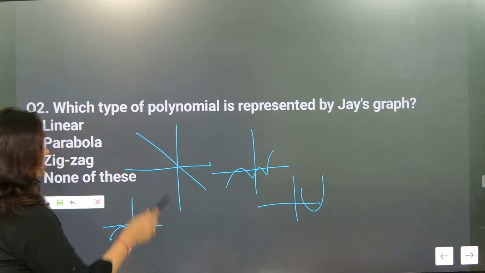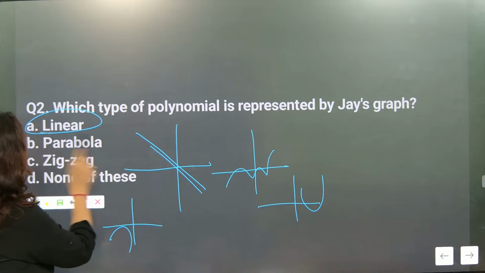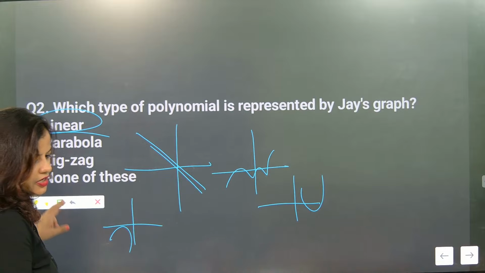So four graphs were there, but Jay's graph was linear. So what is the answer? Linear graph. Absolutely correct.